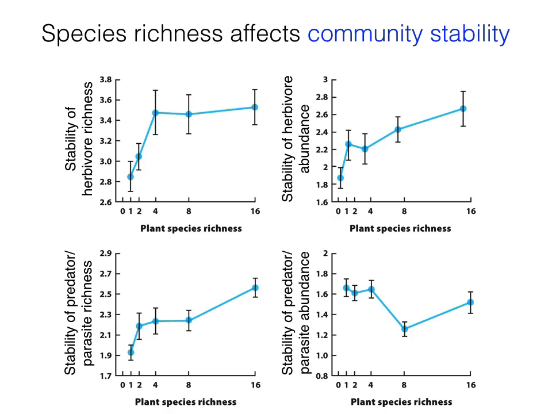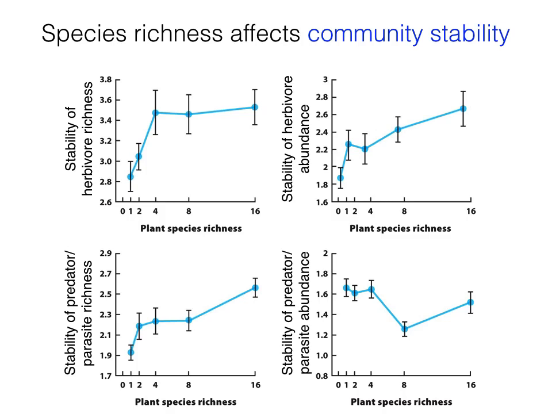To be more exact, they defined stability as the inverse of the coefficient of variation, which is the standard deviation divided by the mean.